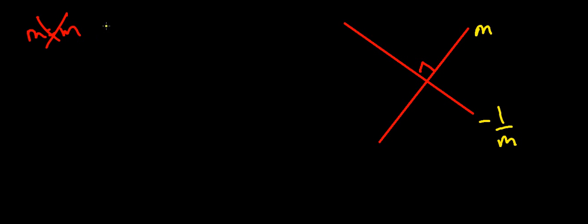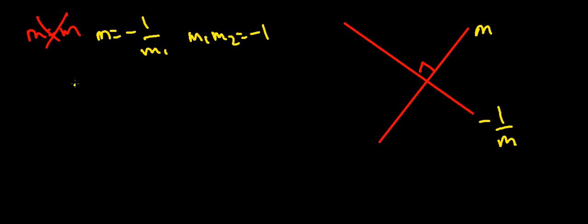And actually there are a few ways of remembering it. One way is the negative reciprocal of the original line. Another way is m1 times m2 is equal to negative 1. That means the slope of the first line times the slope of the second line is equal to minus 1.